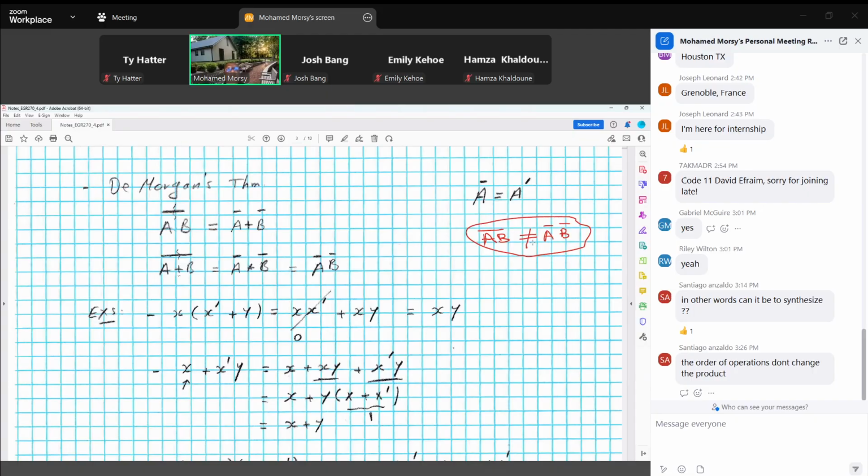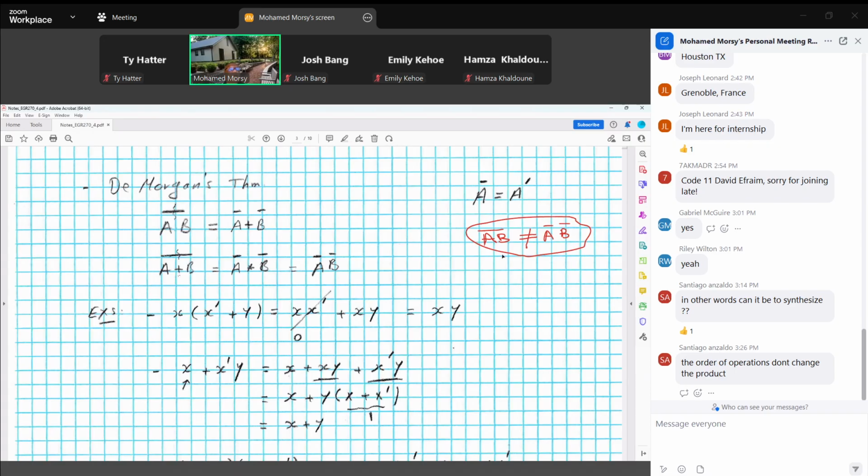So we have 1 here, okay? Same example: A is 1 and B is 0. A is 1, so A inverted is 0. B is 0, so B inverted is 1. The product of A inverted and B inverted is 0. So we have 0 here. So this never equals this.